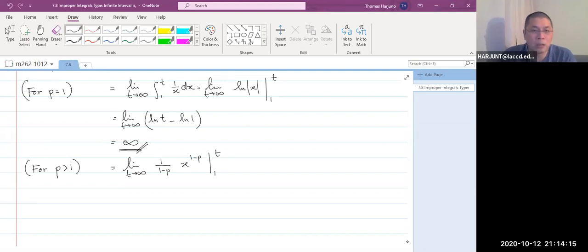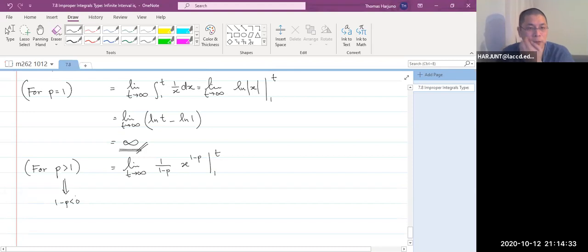But if p is greater than 1, so 1 minus p will be negative, right? 1 minus p will be negative. Agree?